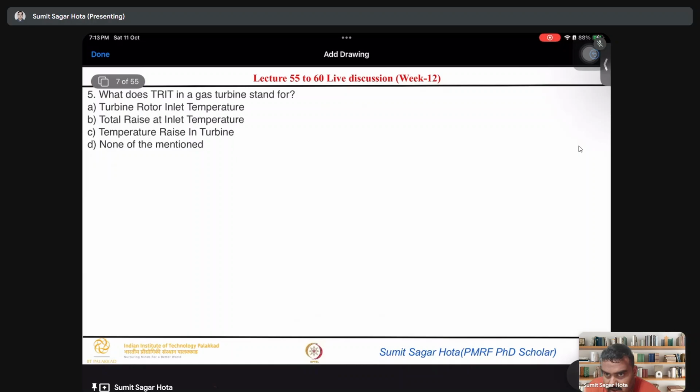What does TRIT in a gas turbine stand for?